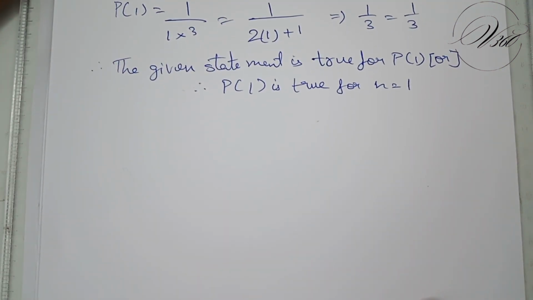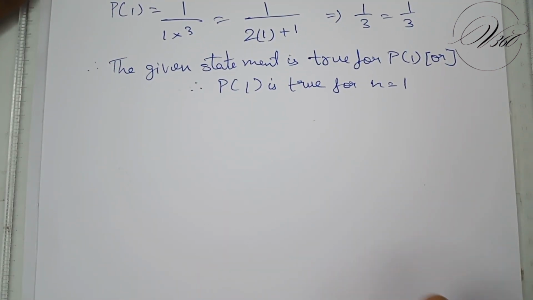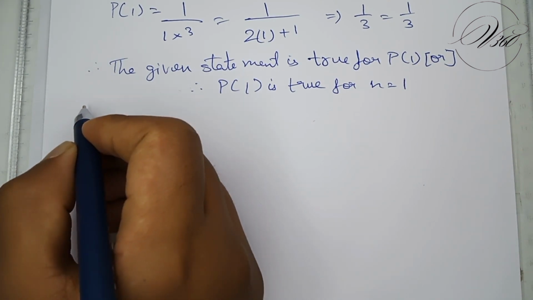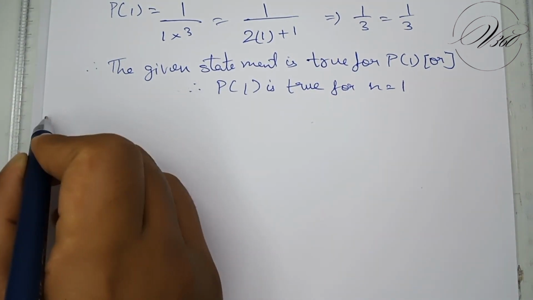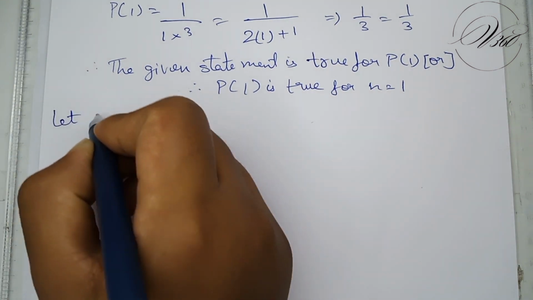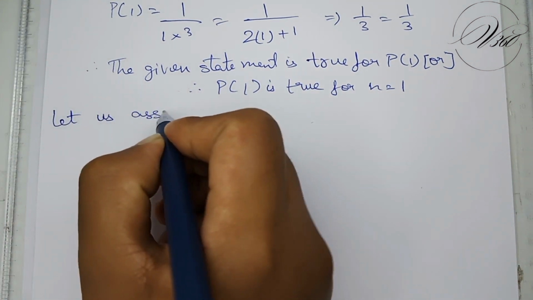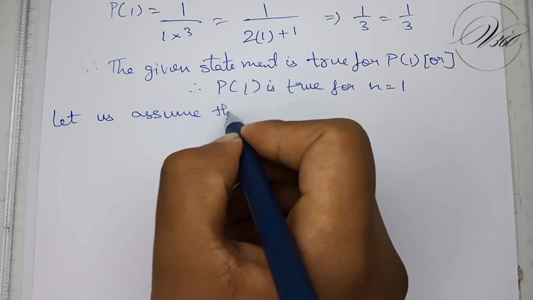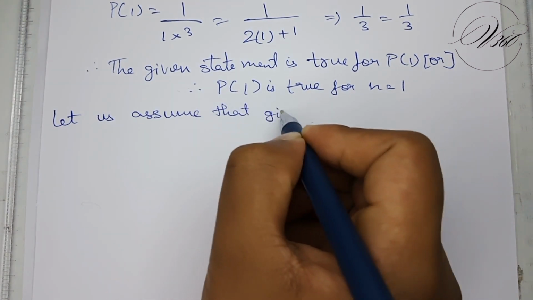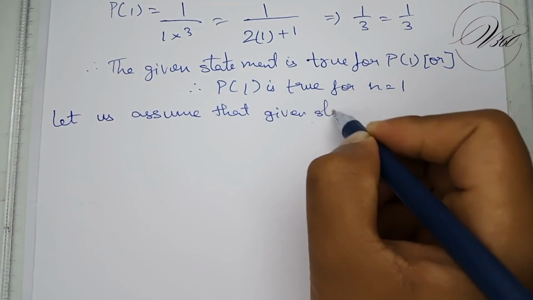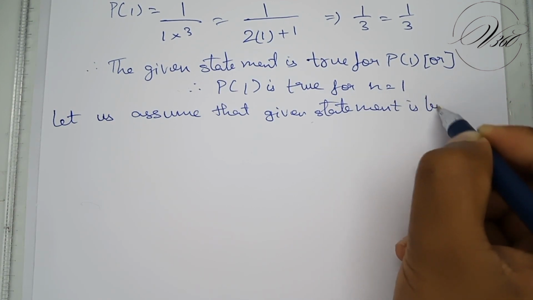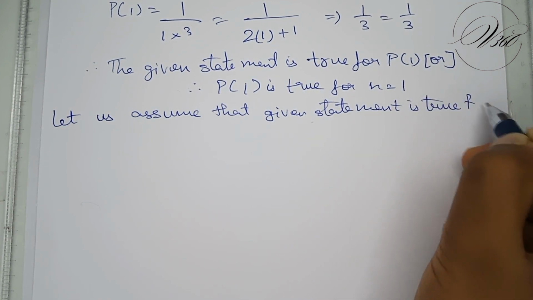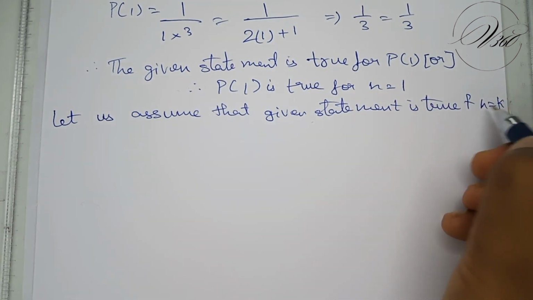Now the next step here is, let us assume that the given statement is true for n equals k.